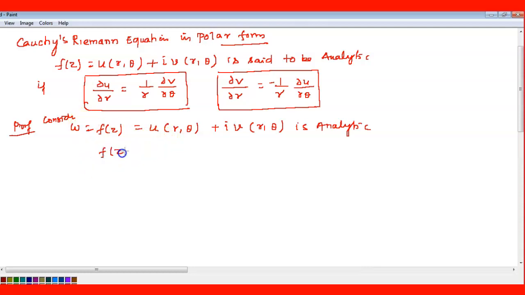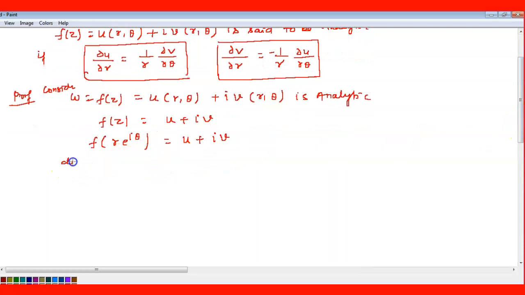So f(z) is equal to u plus i into v, and this z I will put in the polar form, r e to the power i theta. Now differentiate this partially with respect to r. So f dash of r e to the power i theta as it is, and inside, r e to the power i theta differentiated with respect to r, e to the power i theta is constant and dr by dr becomes 1.